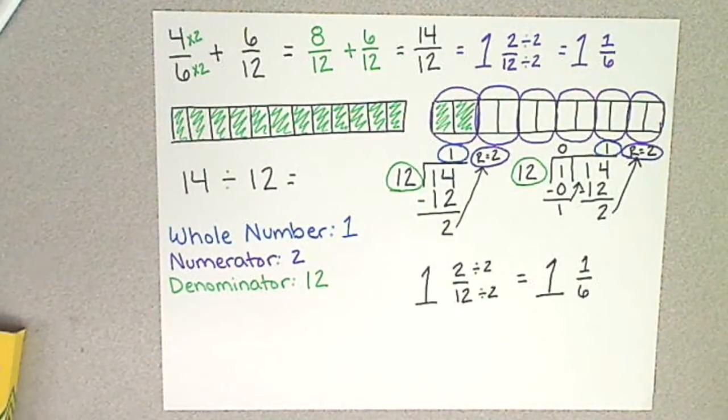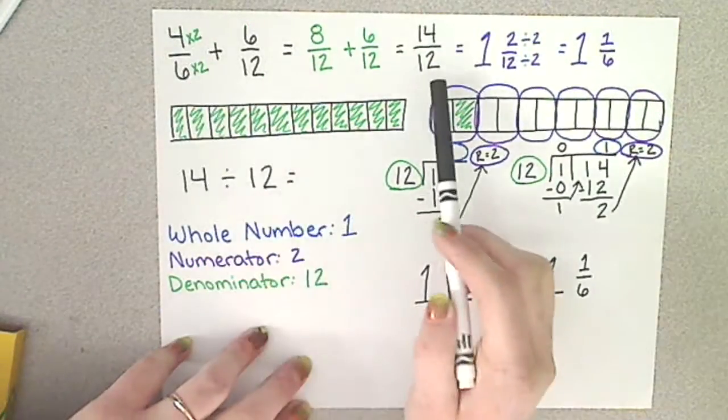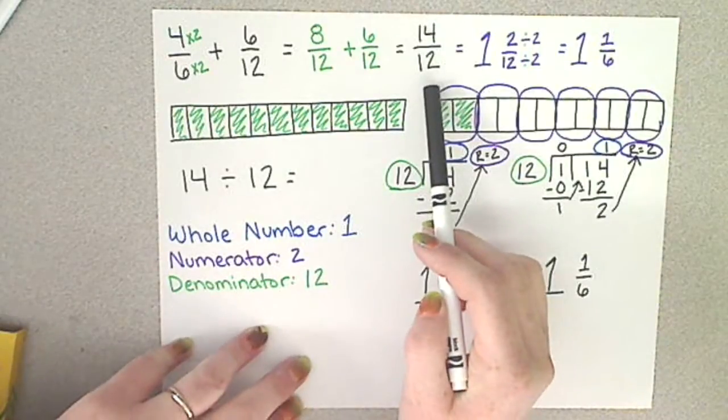All right, so that's a little preview into mixed numbers and improper fractions and how converting them is going to go. I highly recommend that you watch that video before you attempt the adding and subtracting fractions assignment that you are going to be given this week, because there are a couple of addition problems that are going to give you an improper fraction.